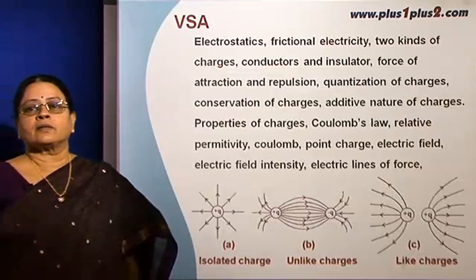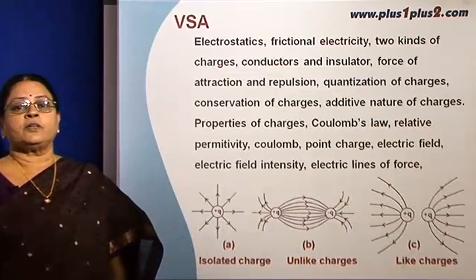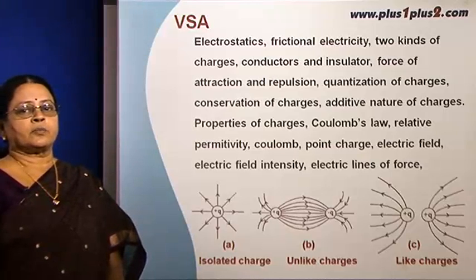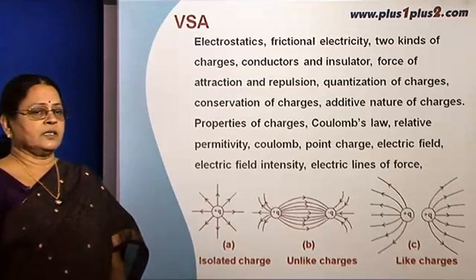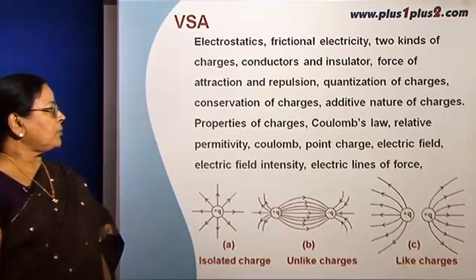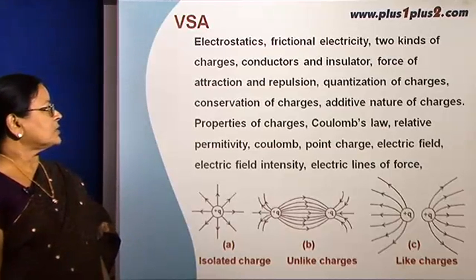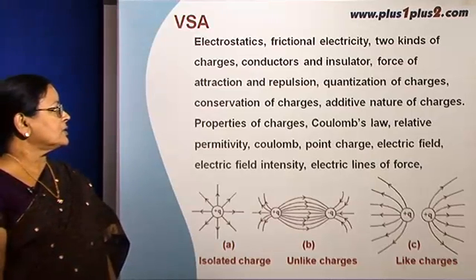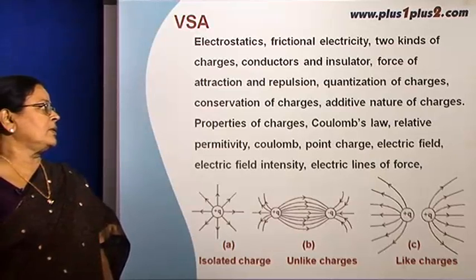Very short answer: these are the 2 marks definition type questions. In this type of questions you have to use the exact precise textbook wordings. What are the topics under this? Electrostatics, what is electrostatics, what is frictional electricity? There are 2 kinds of charges, you have to give examples.